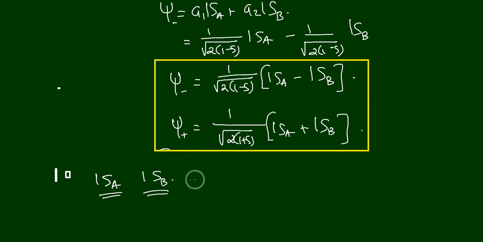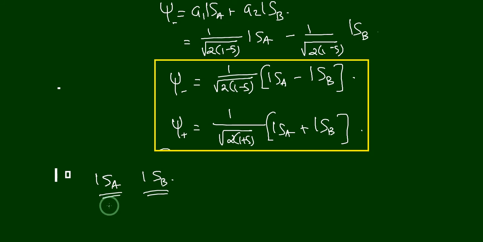So the linear combination of two atomic orbitals will lead to two molecular orbitals. That is why we have already learned in our previous classes that two atomic orbitals combine to give two molecular orbitals. So this is the theory behind that, and actually we can include more orbitals.